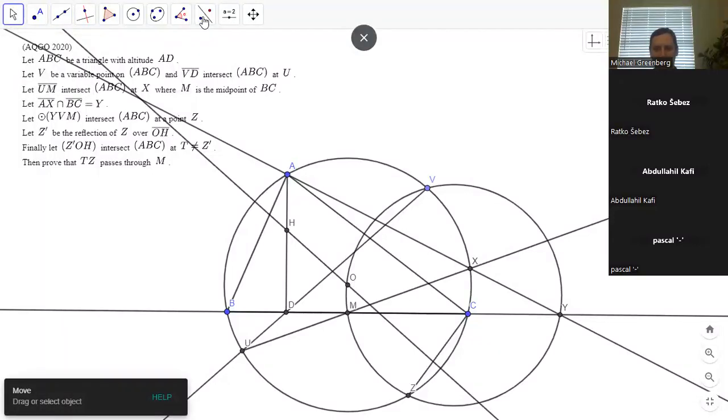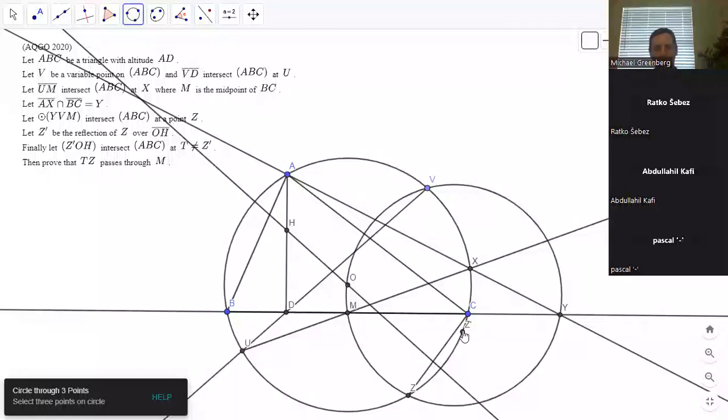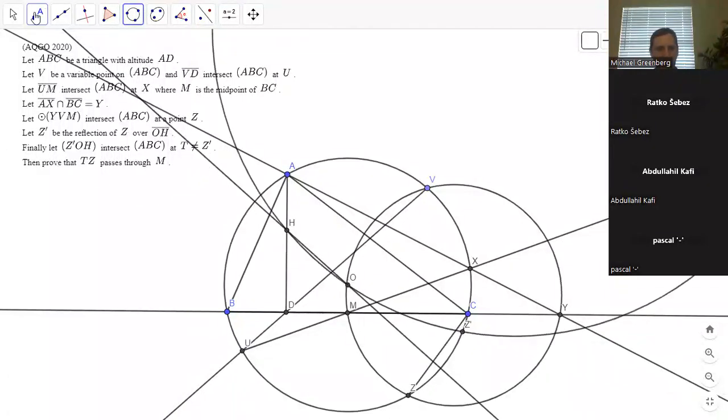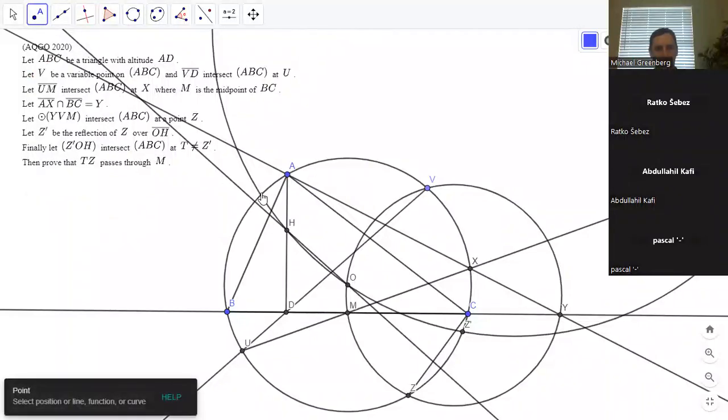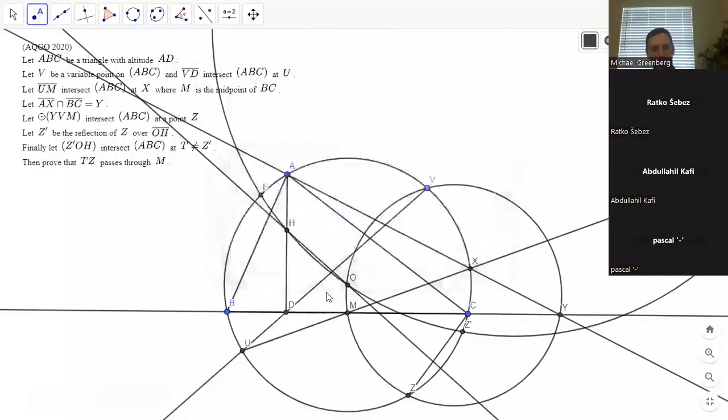Just, okay. So Z prime lies on the circle then. And then the circle Z prime OH intersects ABC at T. And then we want to show that TZ passes through M. Okay, so we really have two problems in one, right?